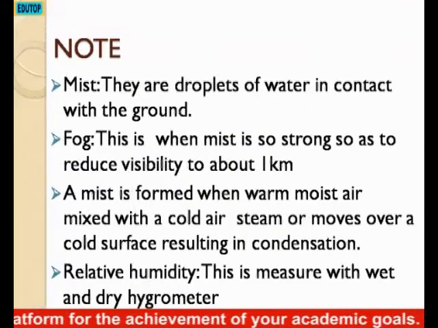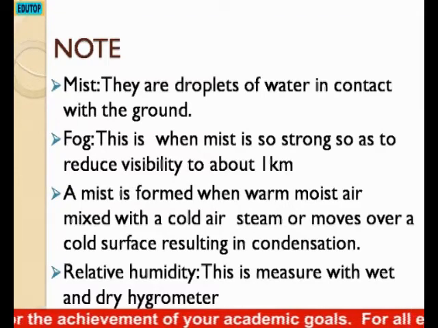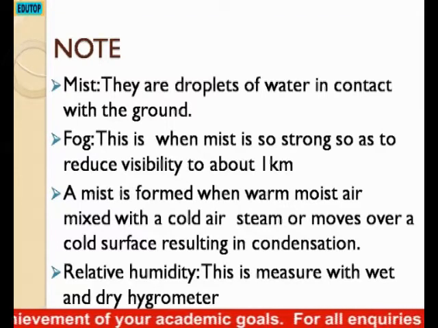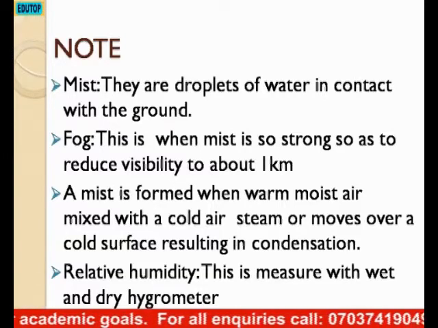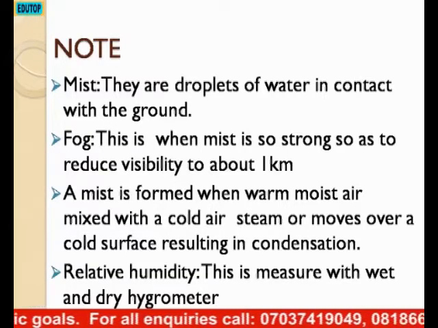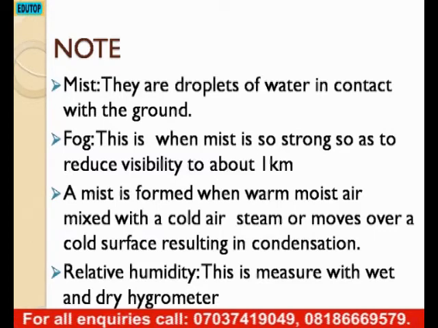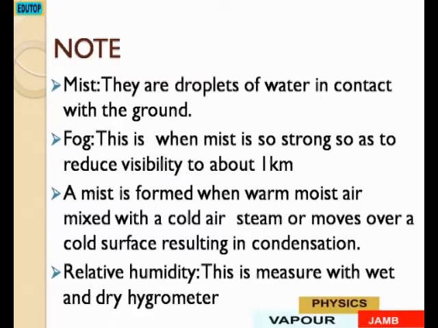Let's say mist. Mist is droplets of water in contact with the ground. That's mist: droplets of water in contact with the ground. What about fog? This is when mist is so strong as to reduce visibility to about 1 kilometer.